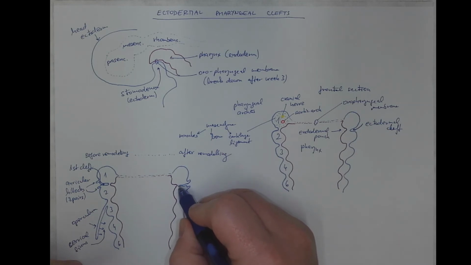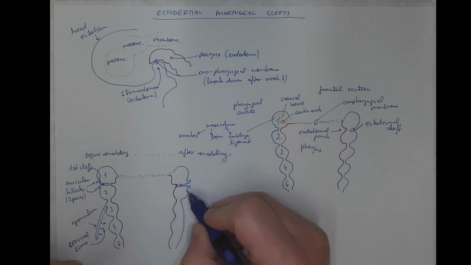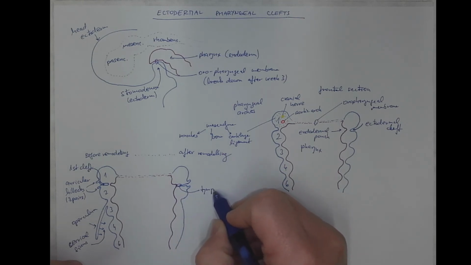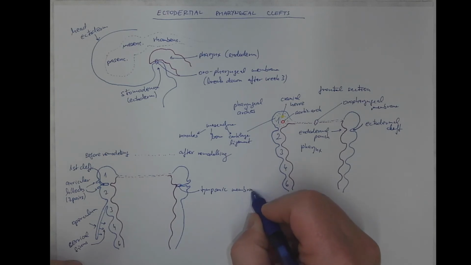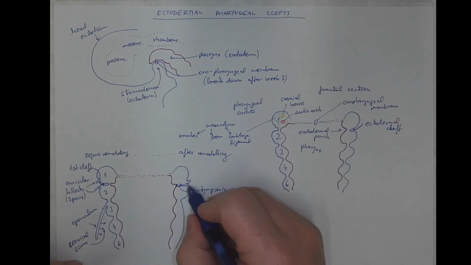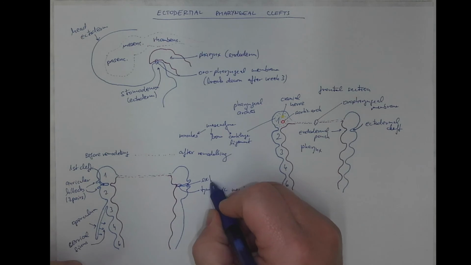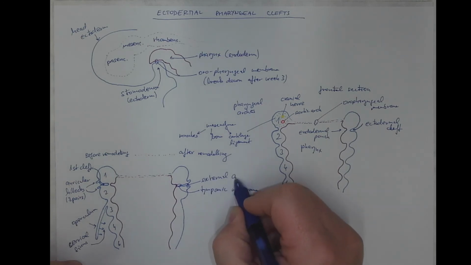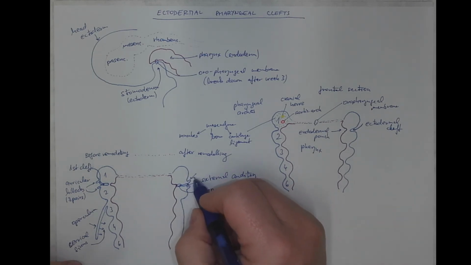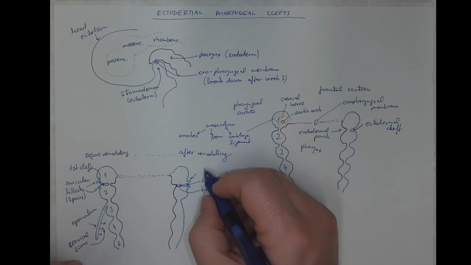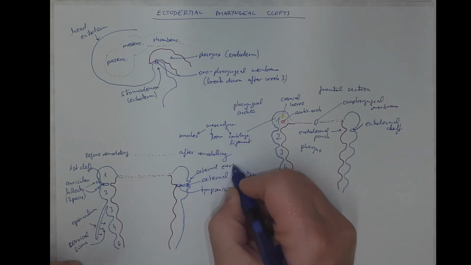And this will be the tympanic membrane, actually. So the first cleft becomes the external auditory meatus. This will be the external ear, the pinna.